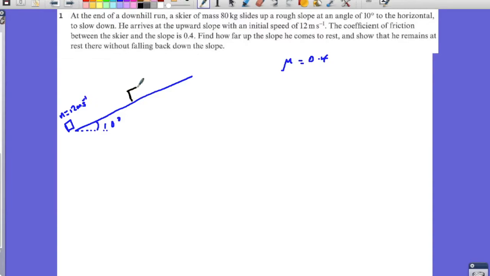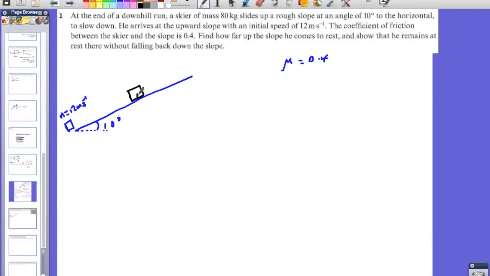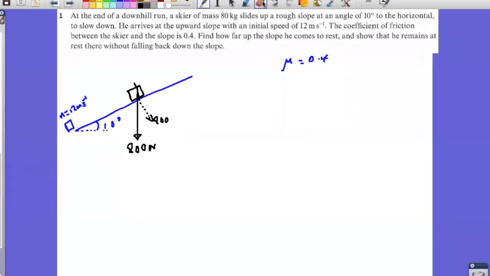So as he is moving up, we have his weight here is 800 newtons. So you have 800 cos 10 here, and there's the normal reaction there, and there's 800 sine 10 here.